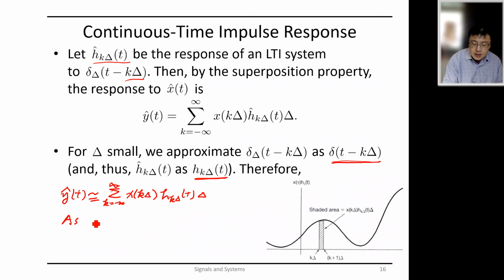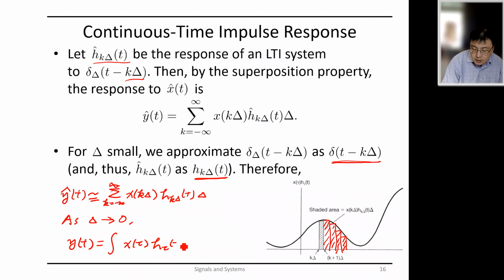The summation of these rectangular strips converges to the integral of this continuous function, x of tau, h sub tau of t, d tau.